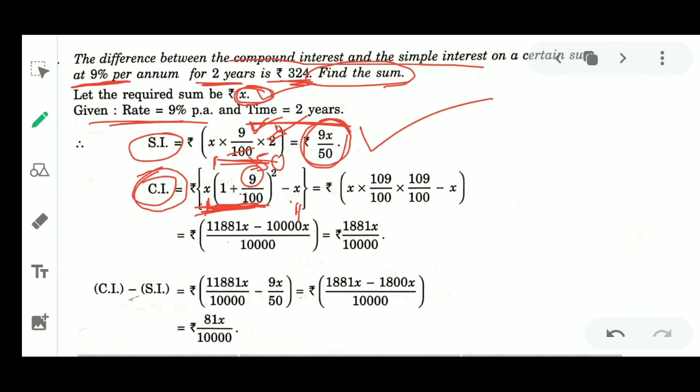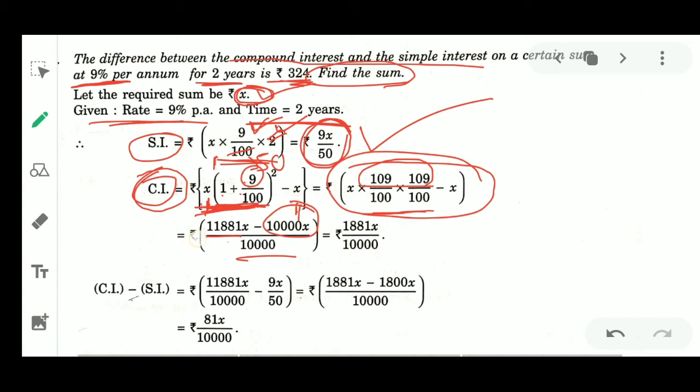This will be x into 1 plus 9 by 100, that is 109 by 100 to the power 2. The square will be 109 by 100 into 109 by 100 minus x. Up to this, clear? Now 100 into 100 will be 10,000, and 109 into 109 will be 11,881x, minus x, this will be 10,000x.